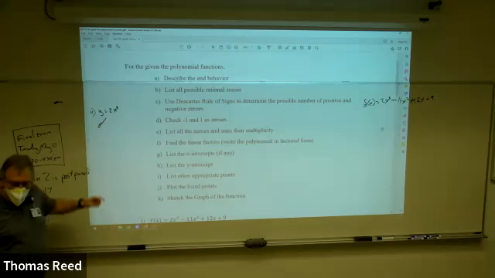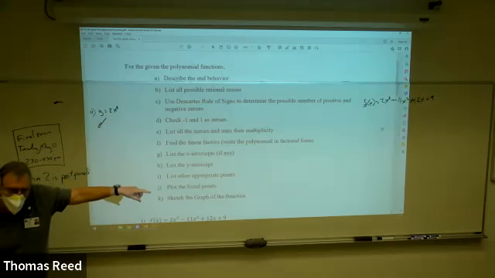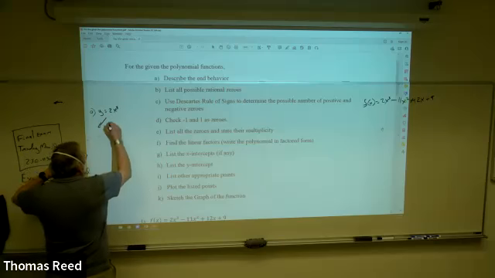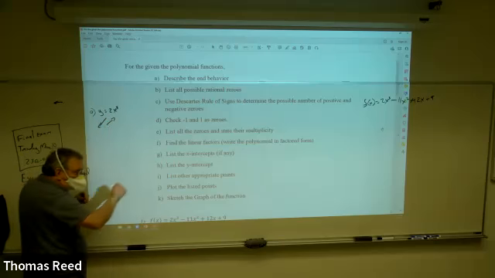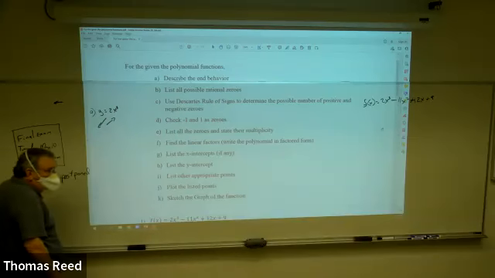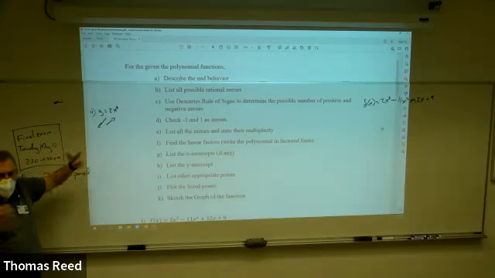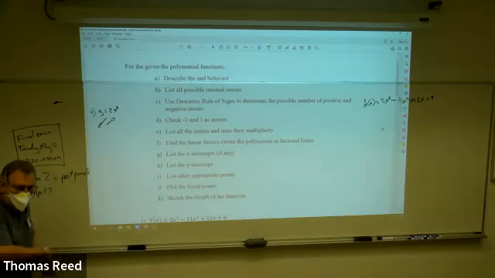What happens as x goes positive? What happens to the function? Goes up, because the y values get larger and larger as x gets larger and larger. So this would be an acceptable answer for letter A: just the arrows. Or you could write the words out: down to the left, up to the right.